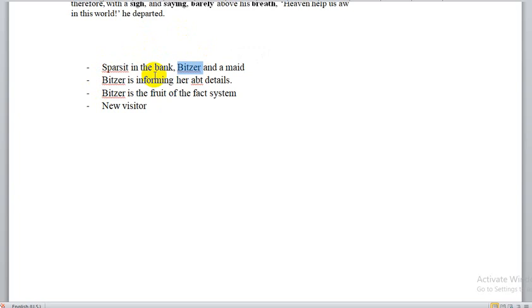So he is the true exemplary person of the fact system that Dickens wanted us to understand. This is the prototype of the school of facts that you want to develop for society, because Dickens will show so many negative aspects, qualities, characteristics of this character, showing Bitzer as the fruit of the fact system.